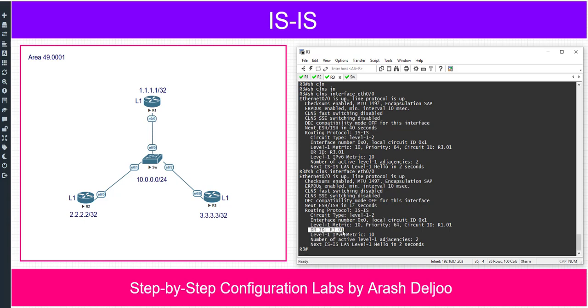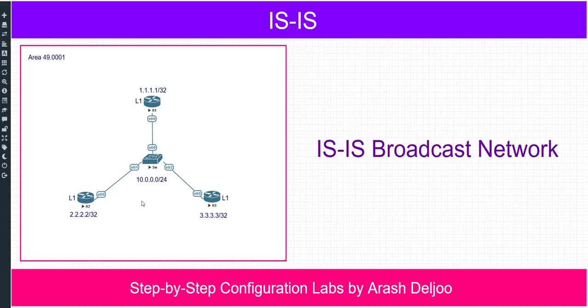As you can see, we can easily change the DIS in ISIS, and this is the ISIS broadcast network. You know that in ISIS, we don't have a backup DIS, and also in ISIS, the DIS election is preemptive, but in OSPF, we have a DR, or designated router, and also a backup designated router. Also, in OSPF, the DR election is non-preemptive, but here, as you can see, it is preemptive.